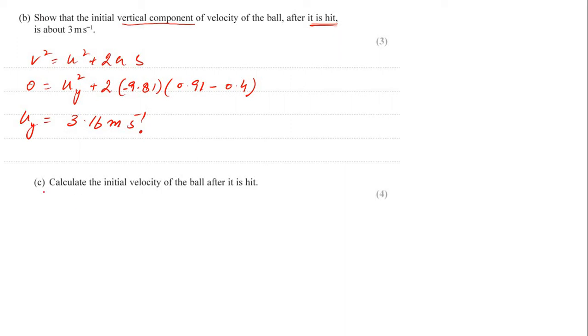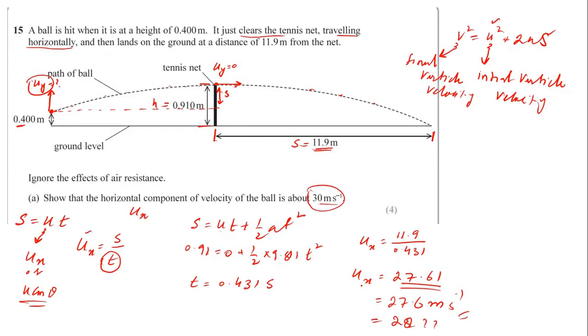Okay, so let's see part C. Calculate the initial velocity of the ball after it is hit. So remember, we have the initial vertical velocity uy and we have found the initial horizontal velocity ux, the initial horizontal component and initial vertical component. In part C they are asking us to figure out this velocity u.